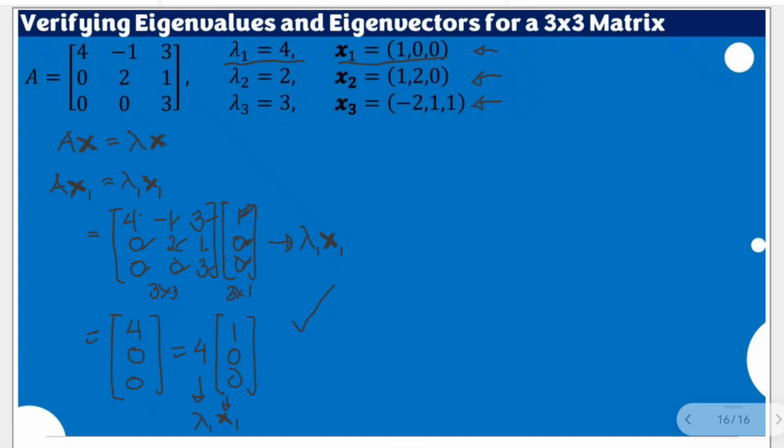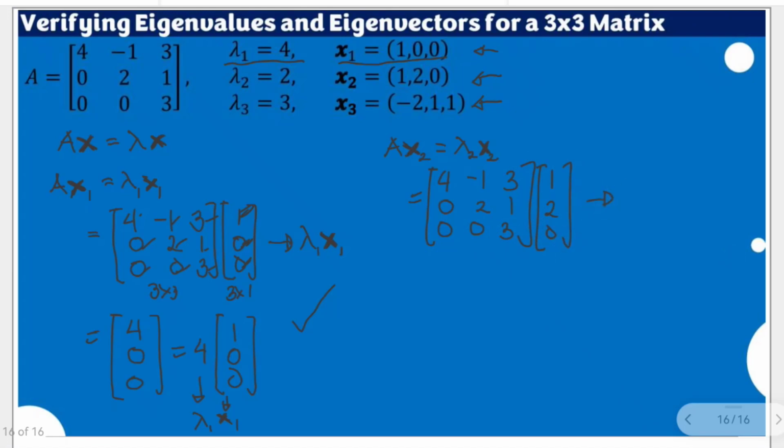So let's replicate this for our second pair. You have A times vector x sub 2 must be equal to your lambda sub 2 times your second vector. A, the same: 4, negative 1, 3, 0, 2, 1, 0, 0, 3, to be multiplied with 1, 2, 0.